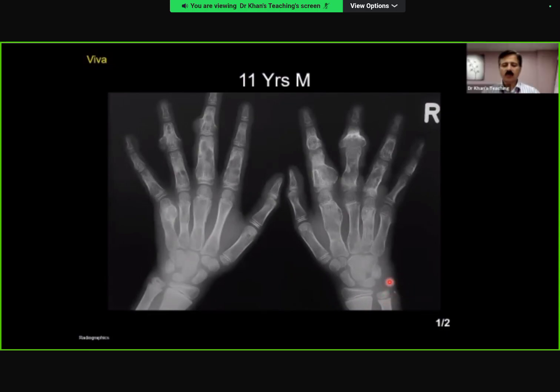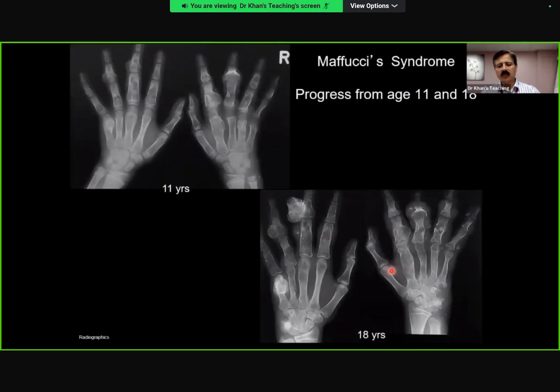Yeah, so this is what we call a phlebolith, and it's a key finding. This phlebolith changes everything, and in the exam you have to pick that up. This is sort of evidence that there is a hemangioma sitting there, one of the vascular tumors which can happen. In this particular case, this is at 11 years old.